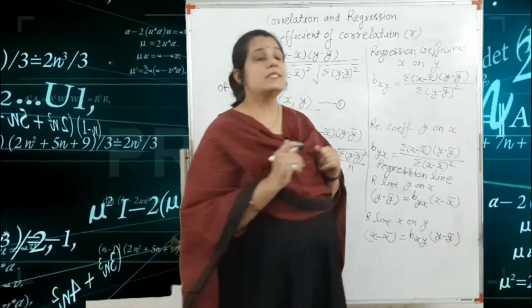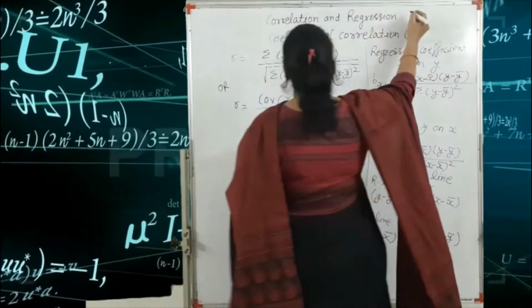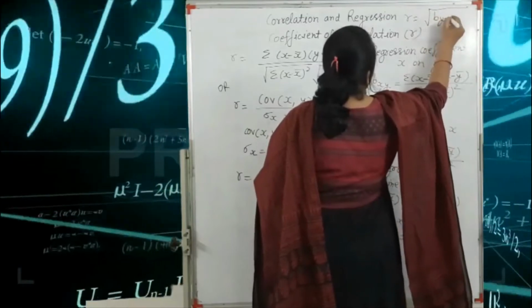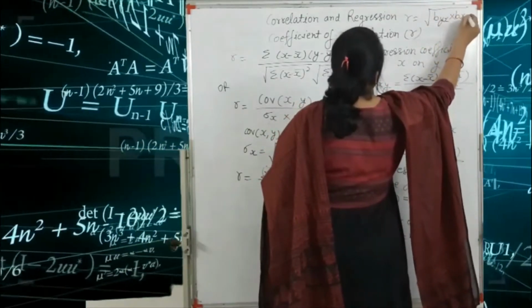Second property: r is equal to under root byx into bxy.